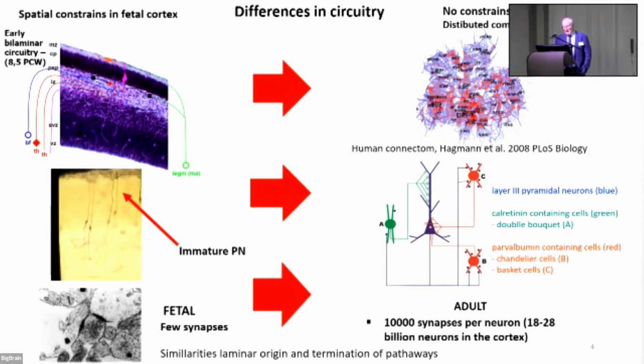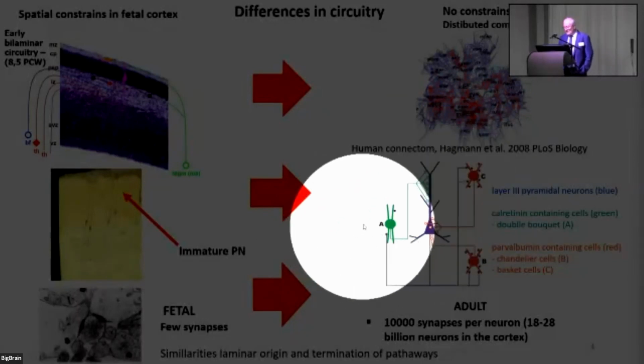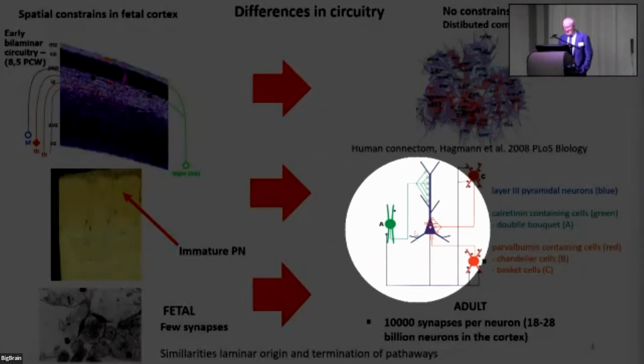Here the arrow points to the very immature pyramidal neurons. That's an original Golgi; nobody has Golgi of human pyramidal neurons so early. And then we come to adult circuitry, which is also centered around the pyramidal neurons together with the interneurons.